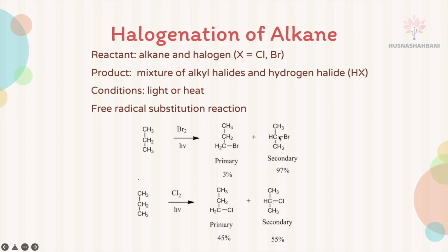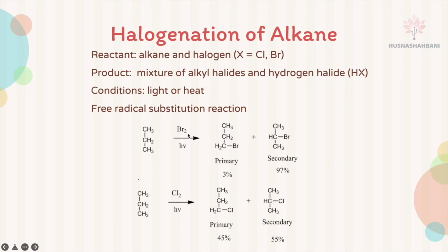So the product is an alkyl halide as well. The difference between these two is the position of the bromine. This bromine is attached to the primary carbon, this bromine is attached to the secondary carbon.